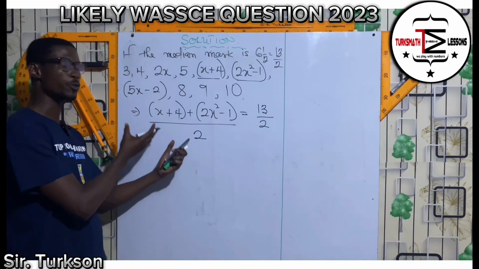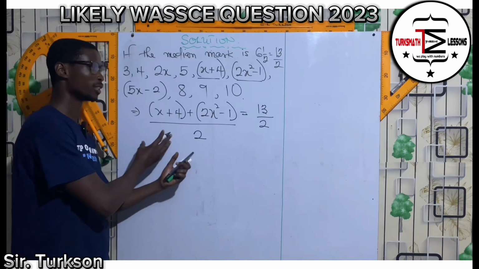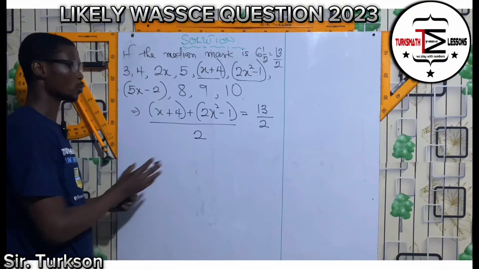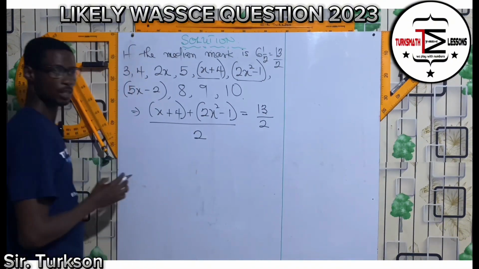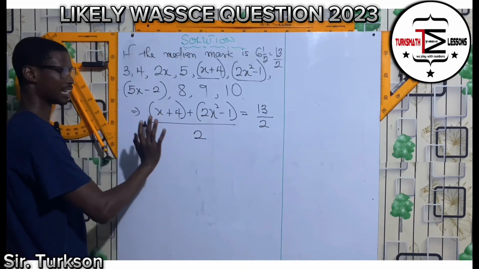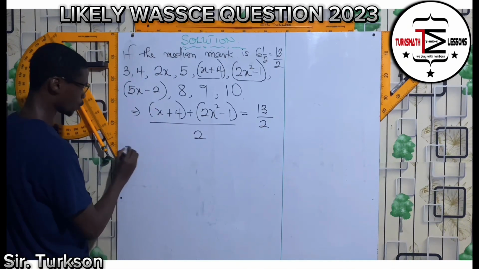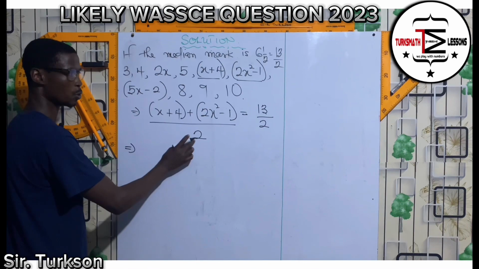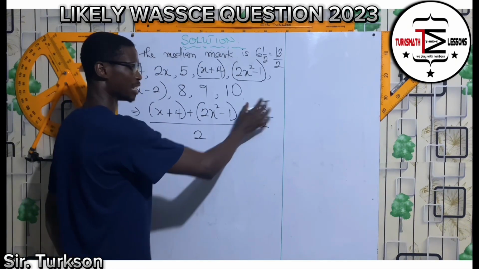Now we need to multiply through by 2 so that we can do away with this 2, and you are going to have a beautiful equation. When I multiply, the 2 goes, and I'm left with 13 here.